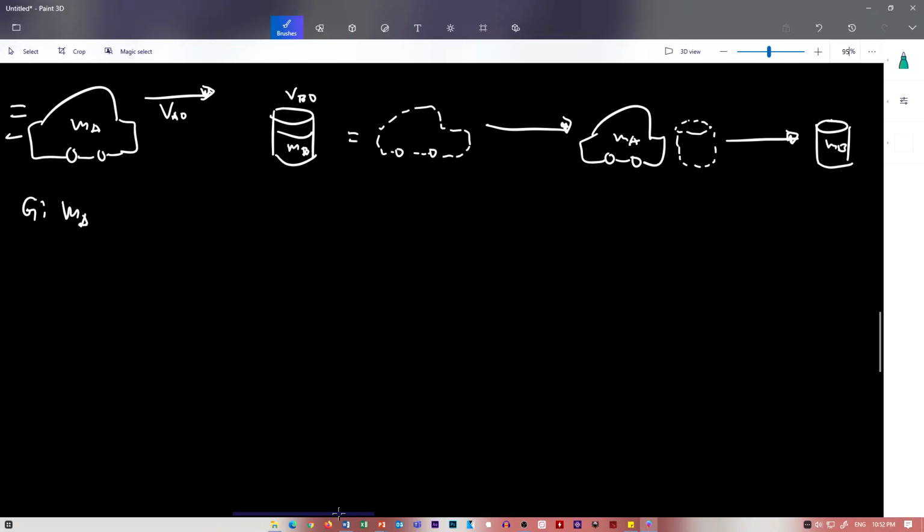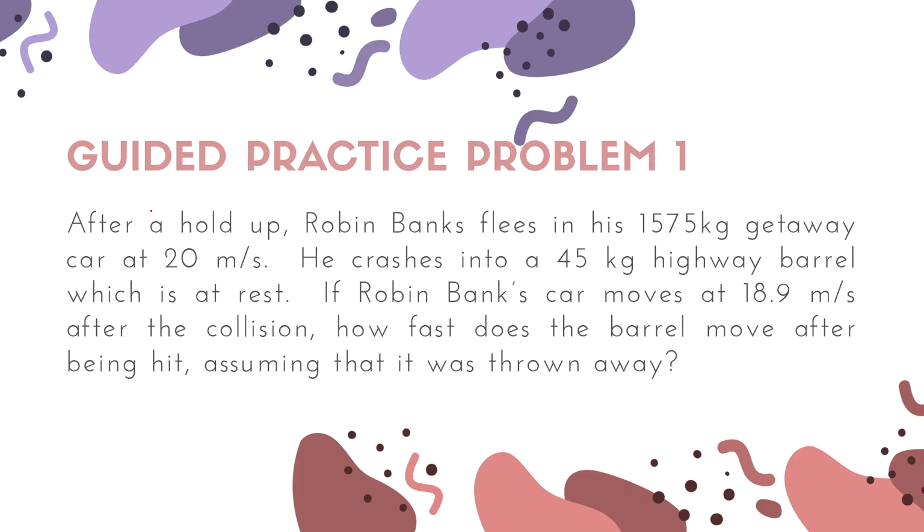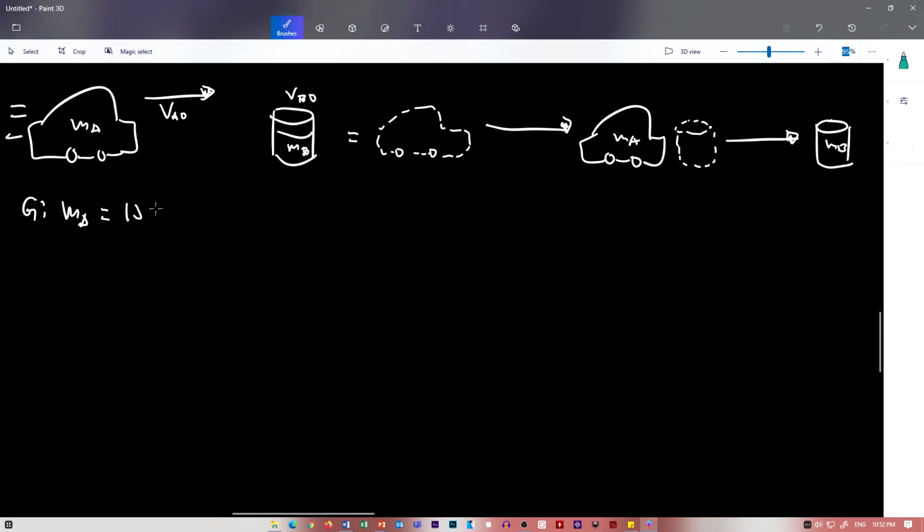For our first mass, m sub a, what's the mass? 1,575 kilograms moving at a velocity of, what's our velocity? 20 meters per second. Then we have the mass for the barrel, which is what? 45, correct? Kilograms, which is not moving, so that's its position.